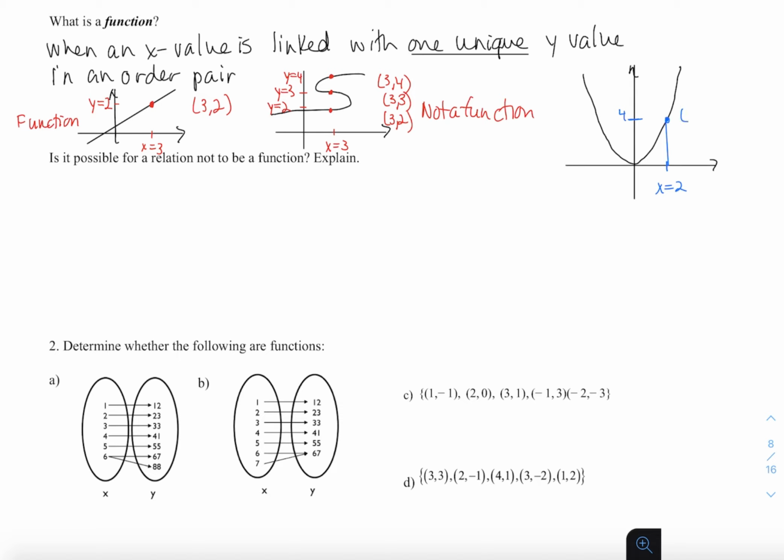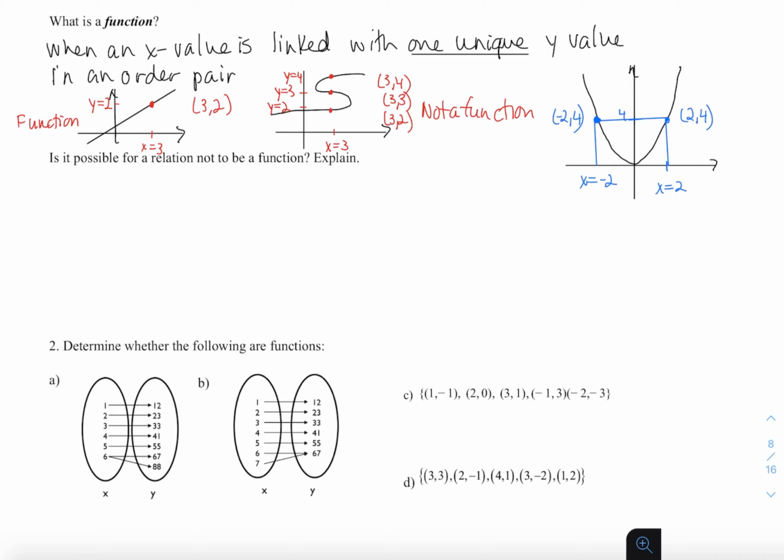I know that this point here is (2, 4). But if I travel along this way, I can see that I have another point here, and it's going to be symmetrical. I've tried to draw this symmetrically at -2, and this point is (-2, 4).